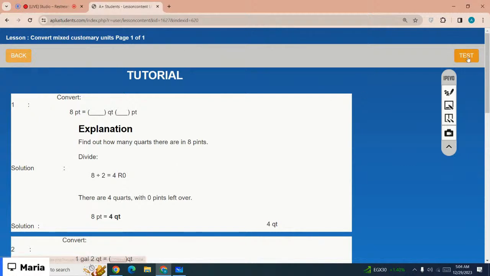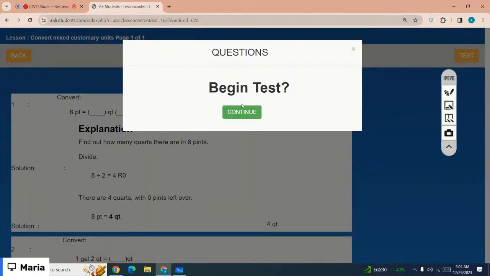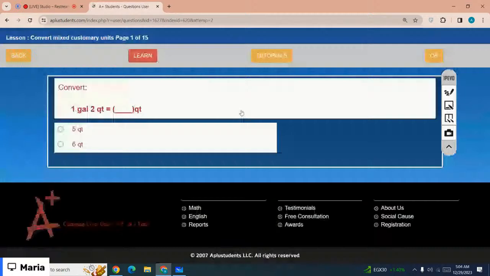Let's just start with the test questions. Convert 1 gallon and 2 quarts to quarts. You have to convert from gallons to quarts.